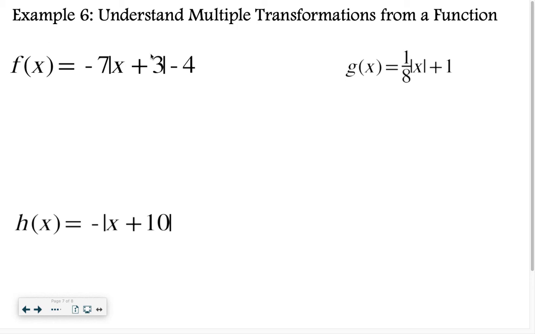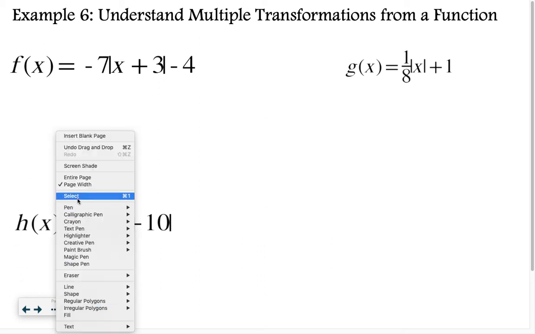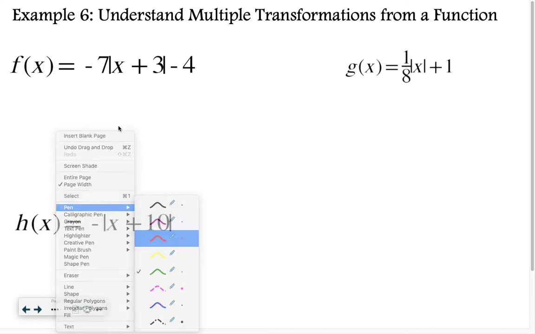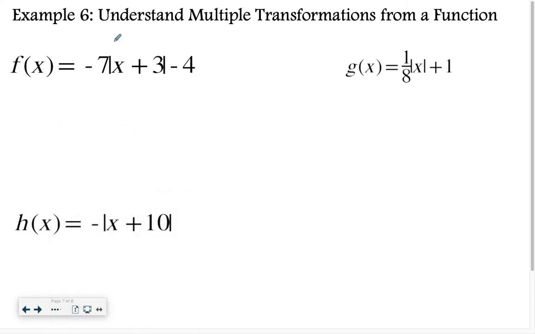So I am all done with writing an equation for that graph. Okay, so our last example for today is figuring out what transformations happen without actually looking at a graph. Let's start with f of x equals -7 times the absolute value of x plus 3, minus 4. There's a negative out here. That's going to be flipped, or you can say reflected over the x-axis.